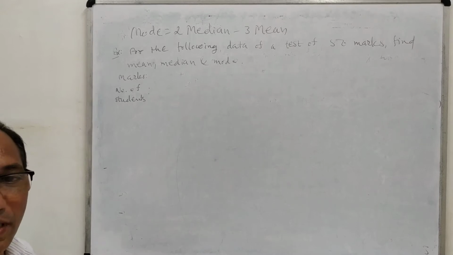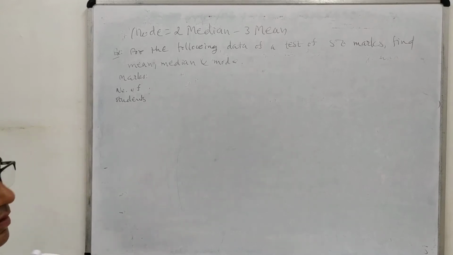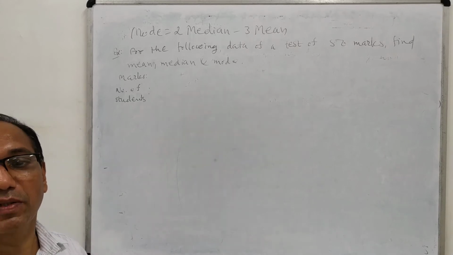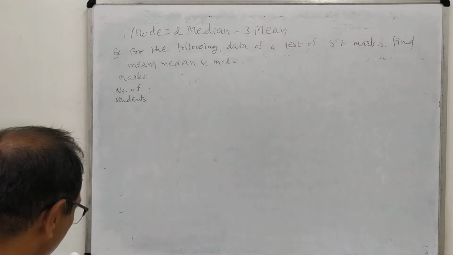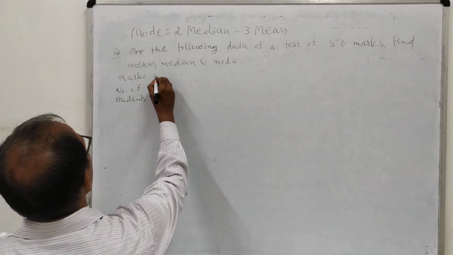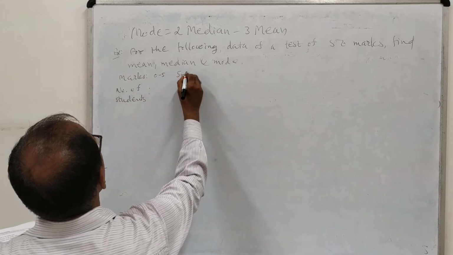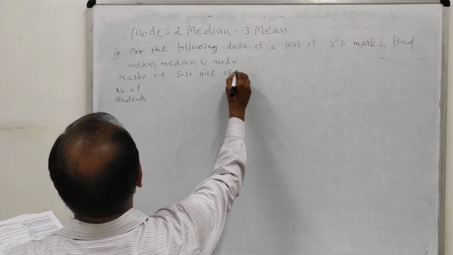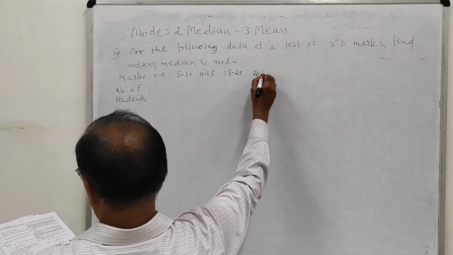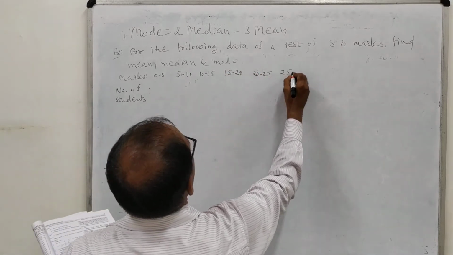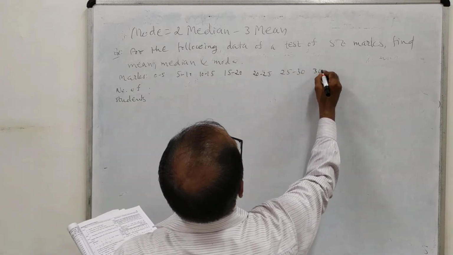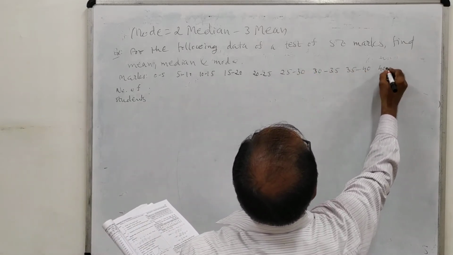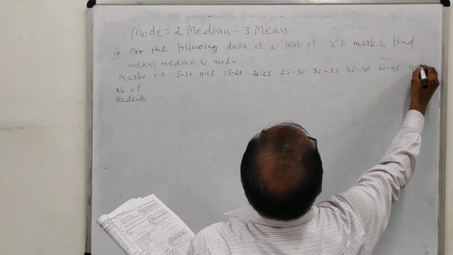Simply we will have to observe the data, what is given to us, whether we are given ungrouped data or simple frequency distribution or group frequency distribution. So here let us see. The data is given from 0 to 5, 5 to 10, 10 to 15, 15 to 20, 20 to 25, 25 to 30, 30 to 35, 35 to 40, 40 to 45, and 45 to 50.